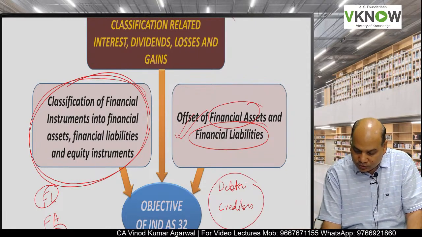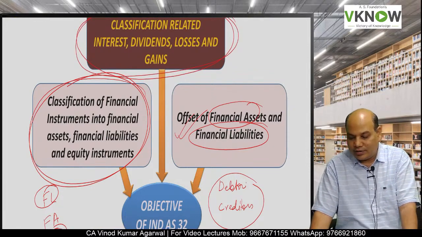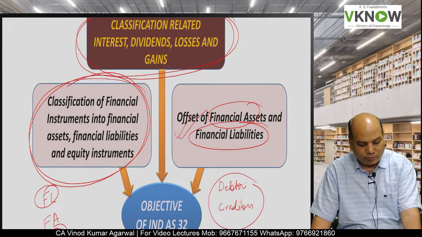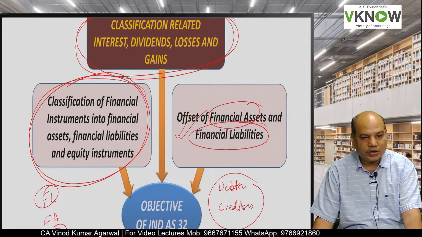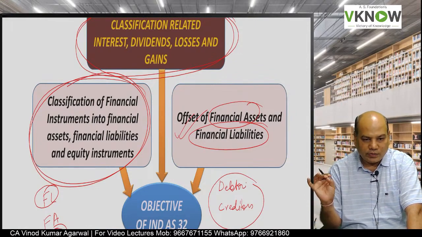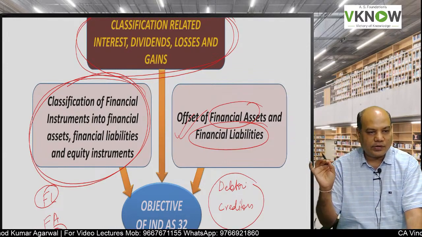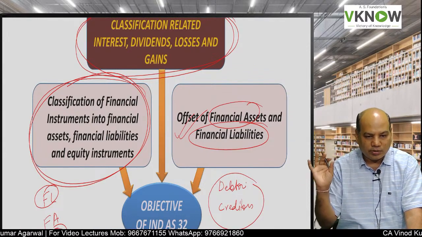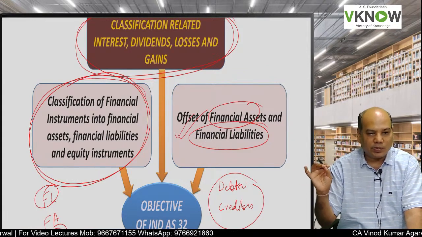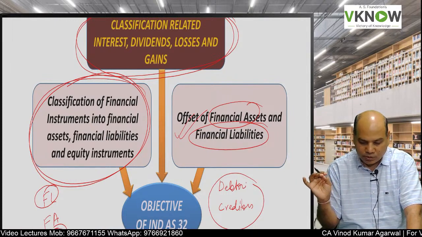And then this standard also deals with the treatment of interest, dividend, gains and losses in the financial statement. So our objective is whether a financial instrument is financial asset, financial liability or equity, whether financial asset and financial liability can be set off against each other for presentation purpose.